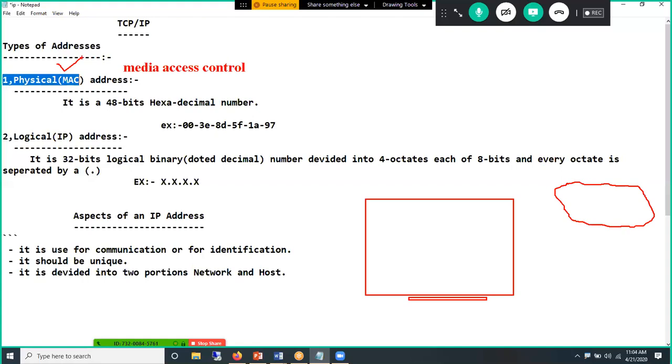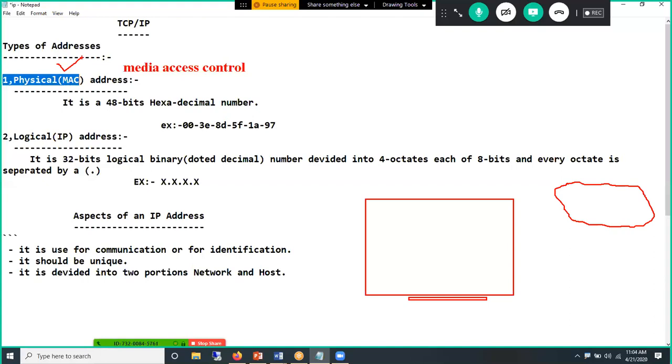Okay. So without physical and without logical, there is no machine, no device that will be connecting on a network. And one more thing you need to keep in mind: I'm not just talking about the computer. I'm not saying that only if you connect a computer on a network do you require a MAC address and an IP address.